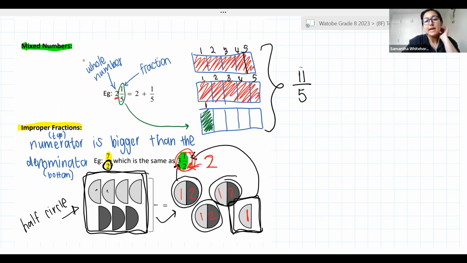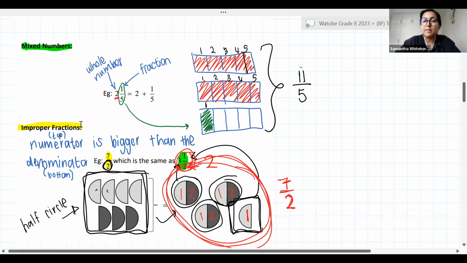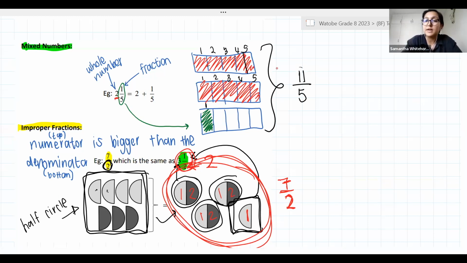And if we count how many of these half moons I have in total, there's 7 half moons, and my denominator 2 represents that I split my whole into 2 parts. Alrighty, so that is where that denominator comes from. It's similar to the mixed number example I did at the top here. We split our rectangle into 5 parts, and so my denominator was 5.